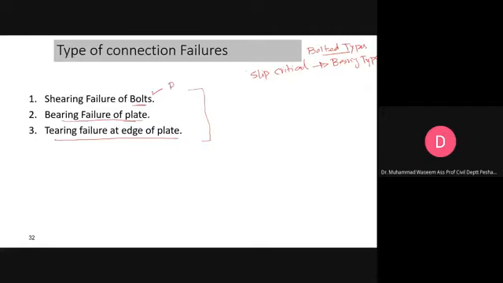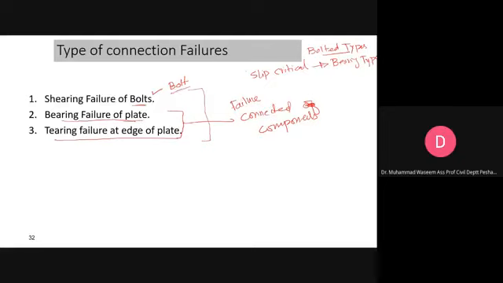One is due to the bolt or fastener, and the other two you can attribute to failure of the connected component. We have two types, tearing and bearing failure.